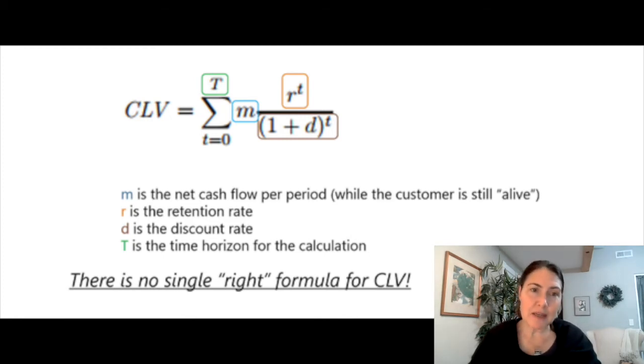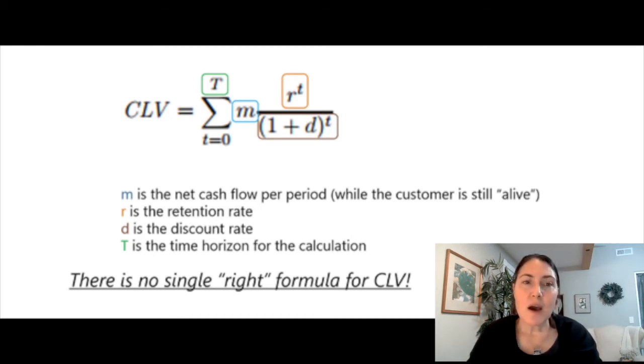If you do that, it underestimates the customer value and misclassifies customers. Average is bad. R to the T assumes that revenue is booked at the beginning of the period, so T equals 0. You can adjust that, of course, to whenever your revenue is booked.